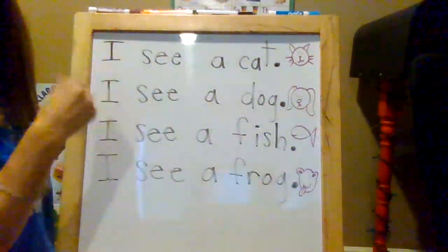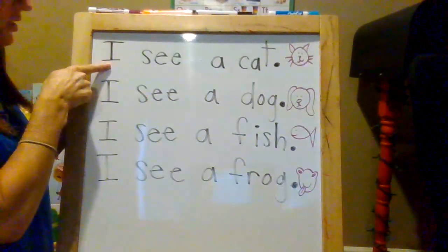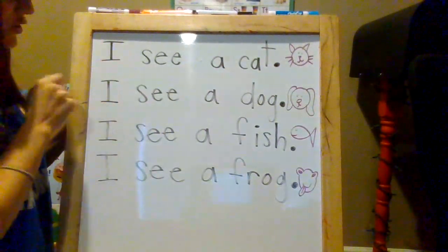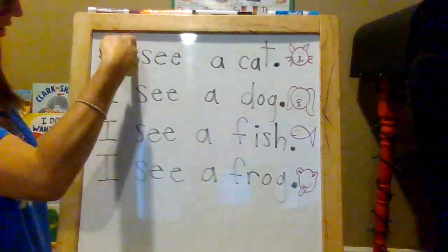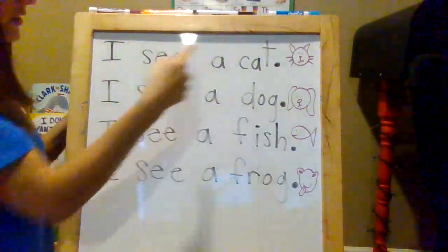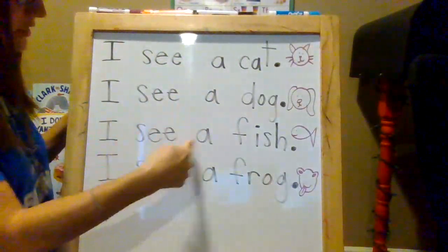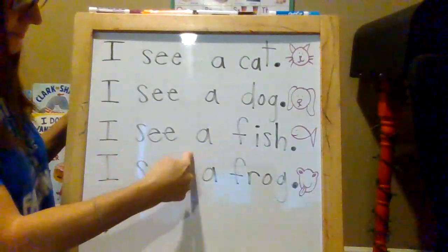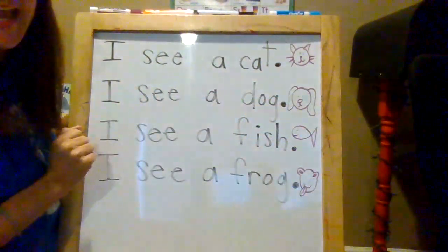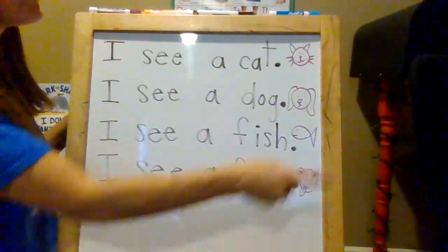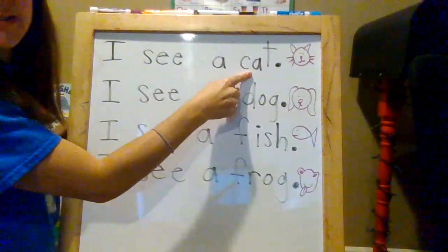There's a lot of things going on that I want to talk about. First of all, each sentence has a capital letter. There are spaces my finger needs to jump over, like a puddle. I don't want to fall in. My sentences have ending marks, and my sentences have a picture that matches the text.